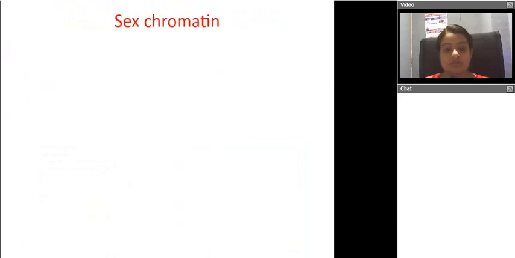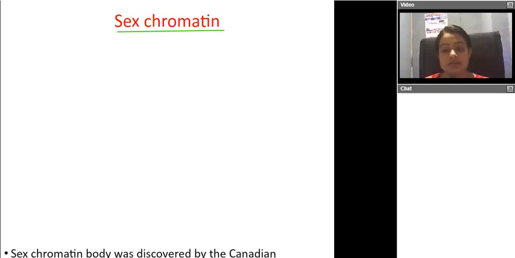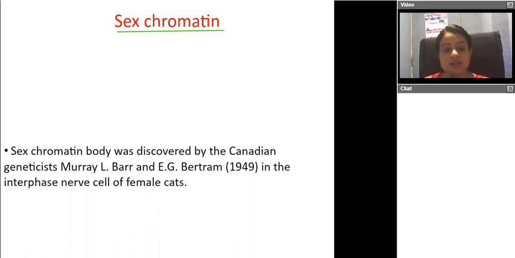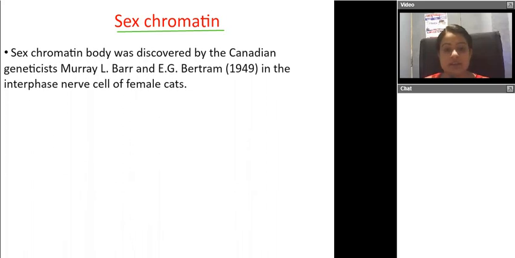Next we come to sex chromatin. Sex chromatin was discovered by a Canadian geneticist named Murray L. Barr and E. G. Bertram in 1949. They were seen in the interphase nerve cell of female cats.